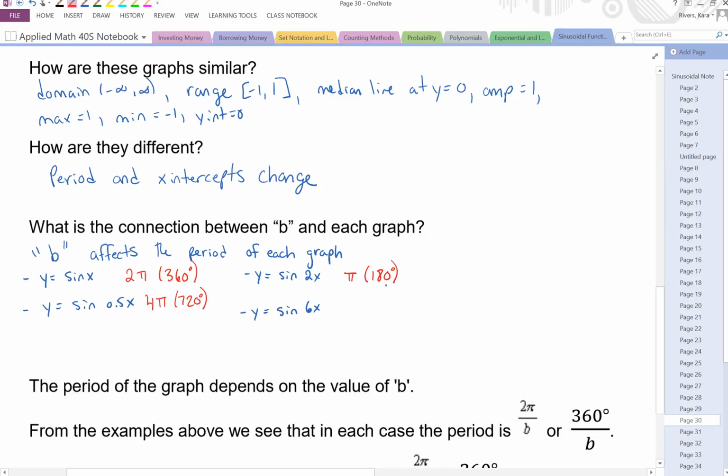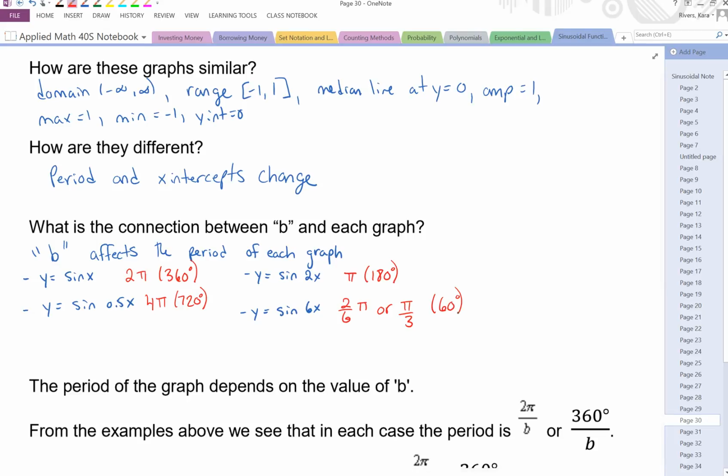And then for sine of 6x, this would be 2/6 pi, or pi by 3. We can write that instead if you want. And then in degrees, that would have been 60 degrees. So the period of each graph definitely did change.